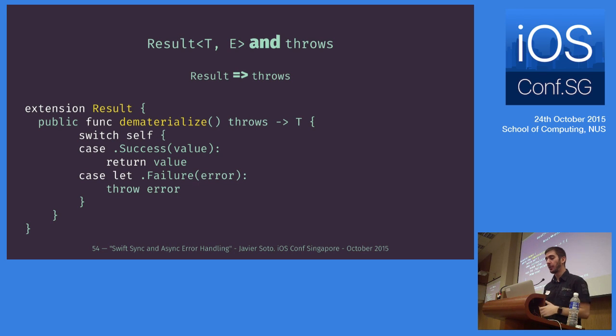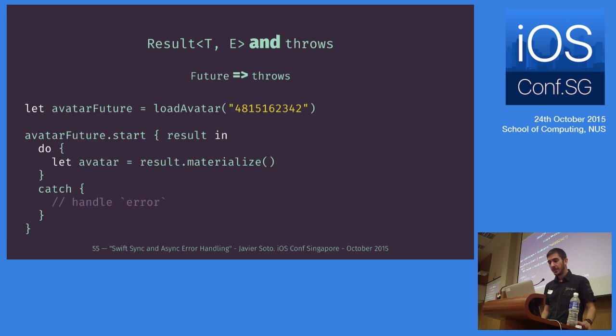And this allows us to go from the Result world to the Swift 2 throws world, and vice versa. This is an example of that. Using the feature that we just showed, because it gives us a Result, we can use the do-catch syntax here.